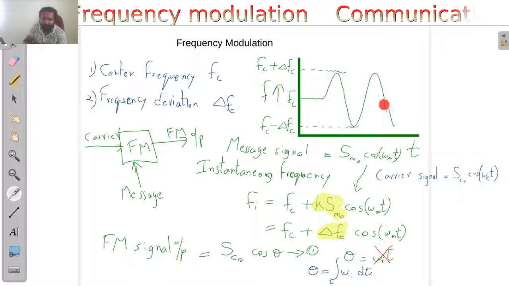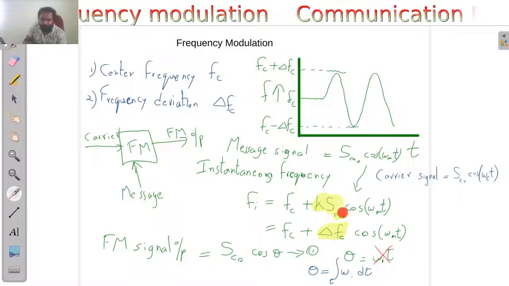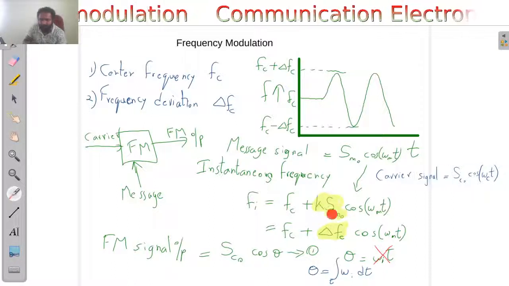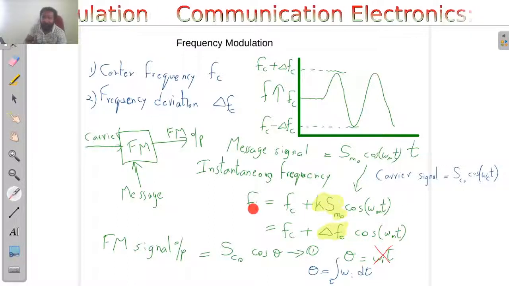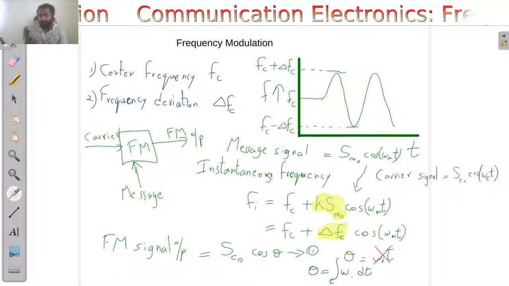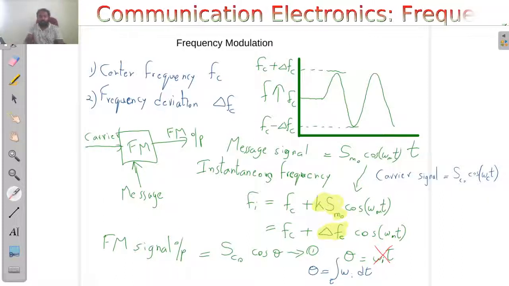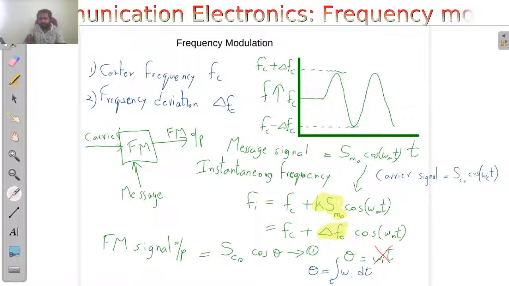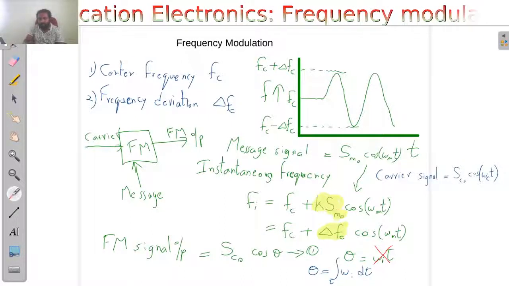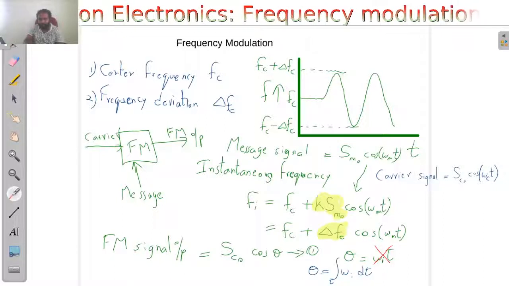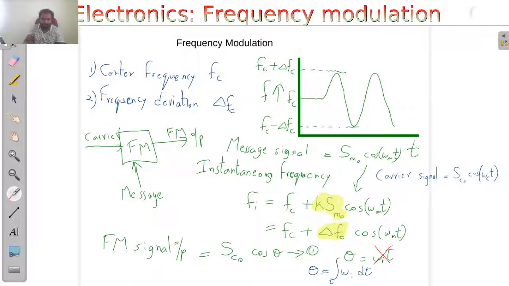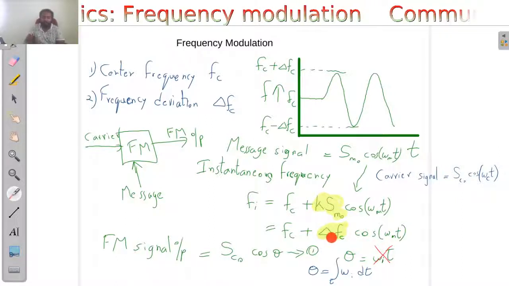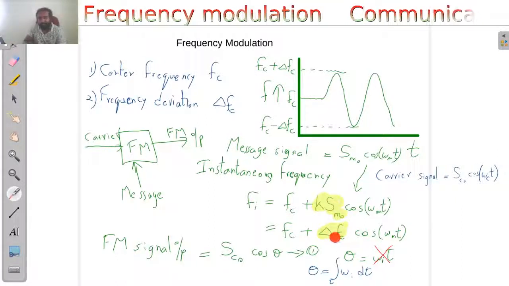It is evident here. So the message signal comes into the instantaneous frequency of the modulated output. I can write this k times SM0 as delta fc. So that happens to be our frequency deviation.